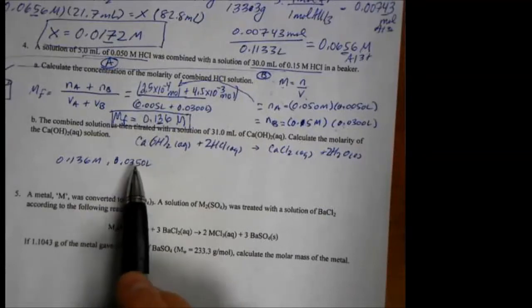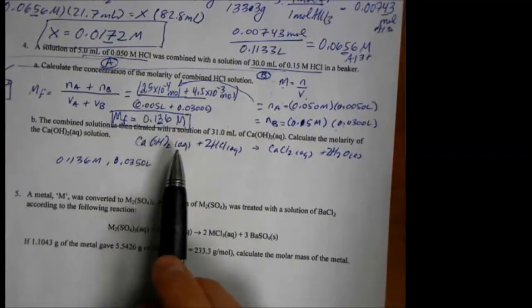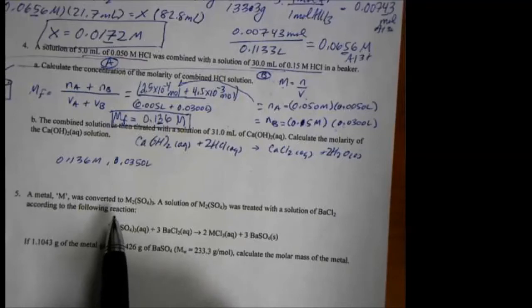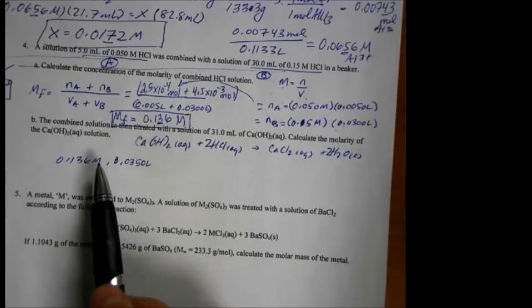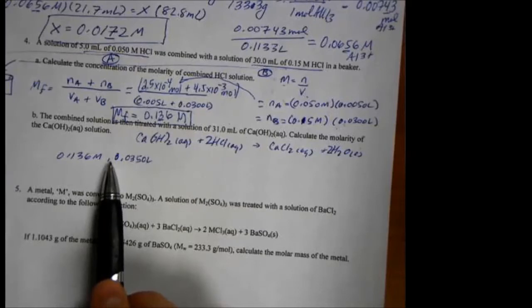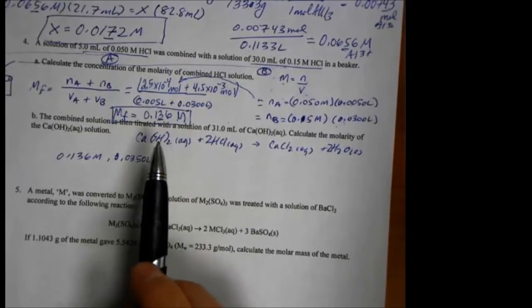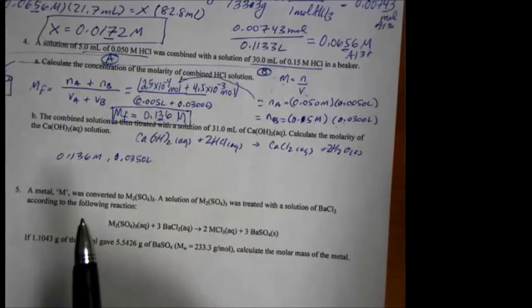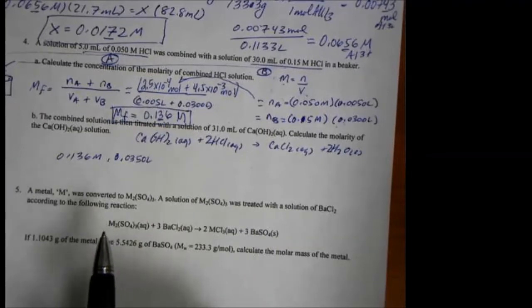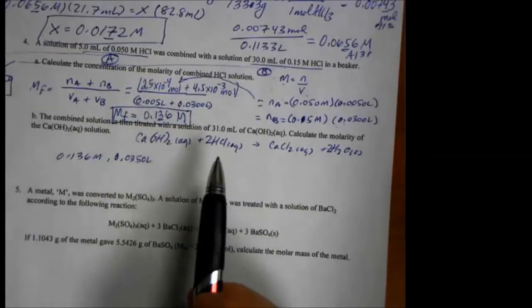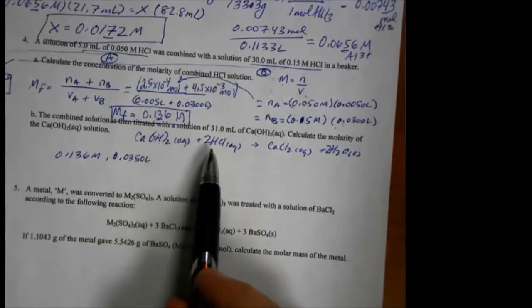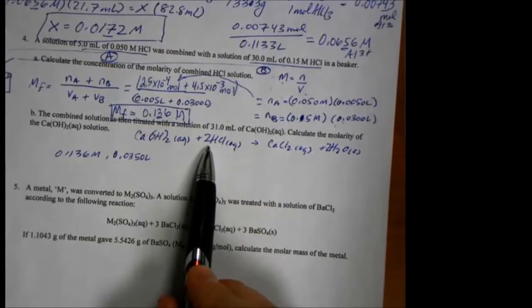If you take this solution and react it with 31 milliliters of calcium hydroxide, you reach the end point. So that's saying the number of moles in here fully react with the number of moles of calcium hydroxide. This is how we would solve any titration problem as we went over in class. We're reaching the end point where the number of moles of this equals 2 times the number of moles of this.